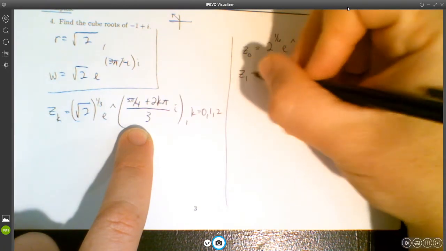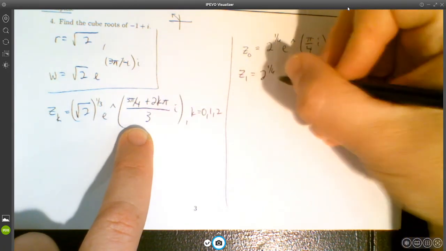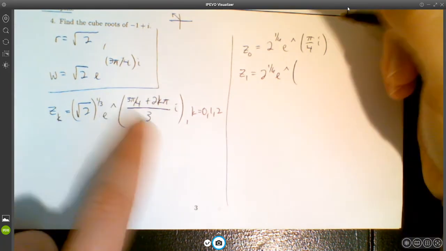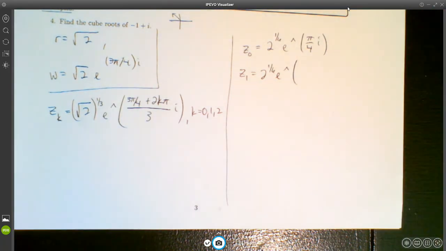When k is 1, I get 2 to the 1/6 times e to the power of 3 pi over 4 plus 2 pi, divided by 3. Let me see. 3 pi over 4 plus 2 pi is 11 pi over 4, divided by 3.